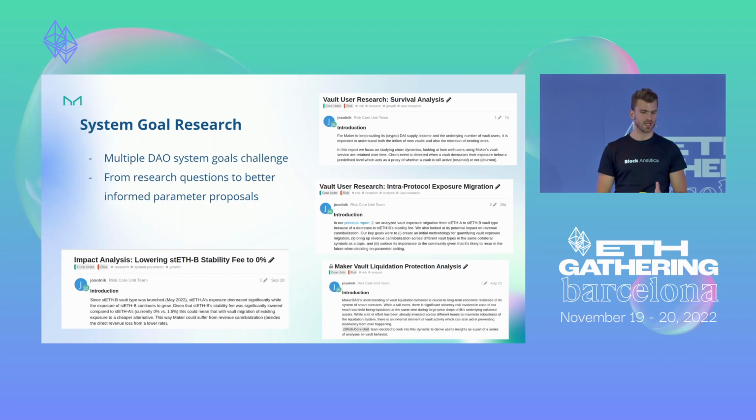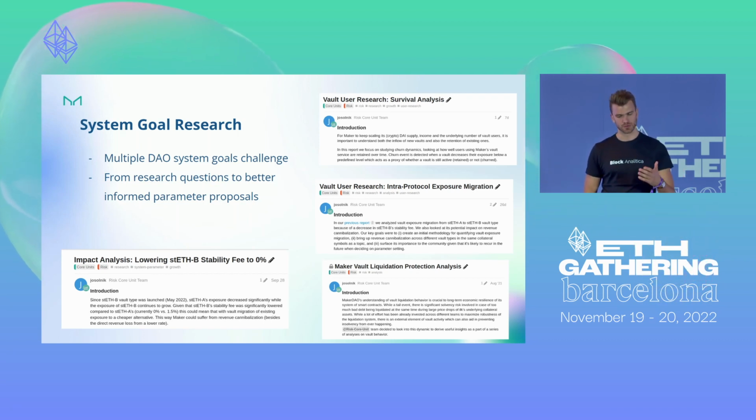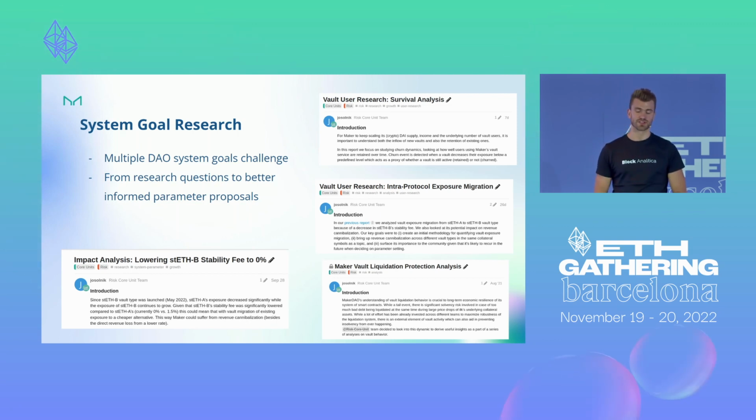For example, the more risk tolerant vault users, let's say with ETH, are more likely to churn earlier than the ones that are more risk averse, right?